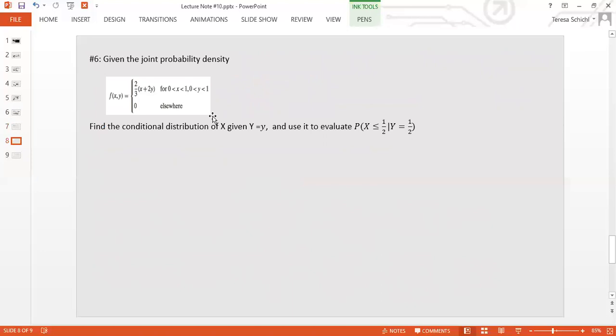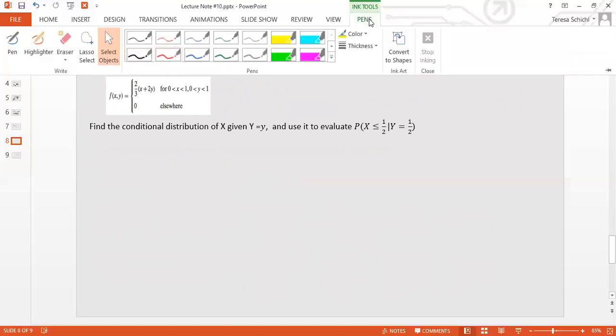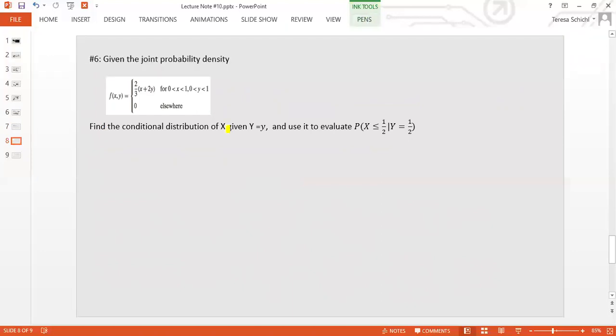All right, so let's see how we do this. We want to find the conditional distribution of x given y equals some constant. First, let's write it out. Let's just use some different function, it doesn't matter.